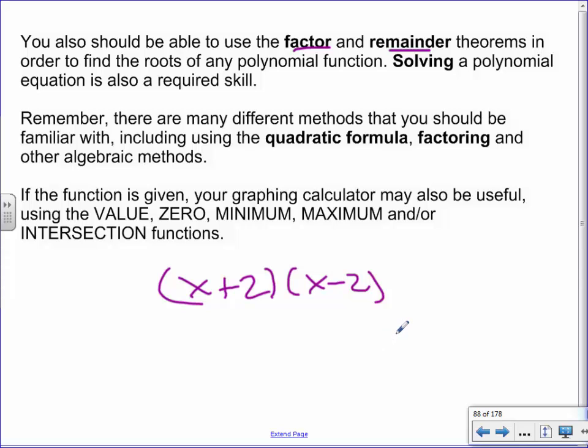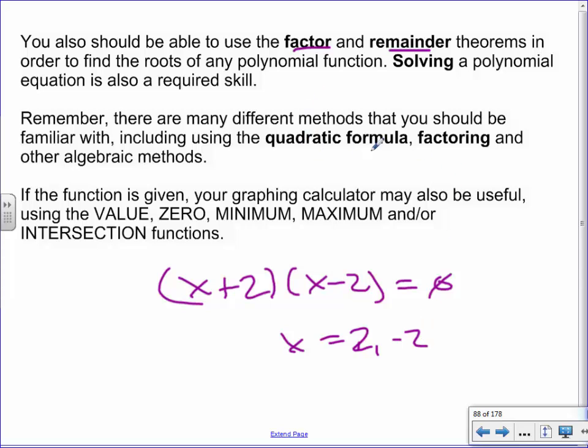But if I asked you to solve, solving usually means that it's also equal to 0, and then you'd say, well, x then is 2 and negative 2. Does that make sense? So just make sure you know the difference between just finding the factors and taking it one step further and telling me what x equals as well.